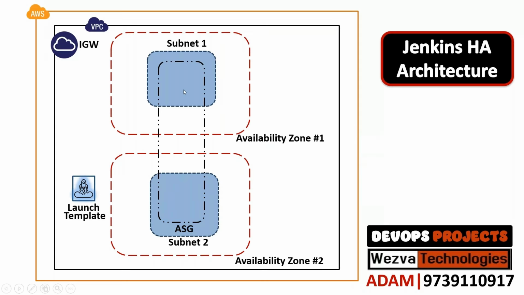How does it know what machine it has to create? It's like I am asking you, can you please go to AWS and create a machine in the Mumbai region? Then you will ask me, okay, what should be the image that I take, which is called an AMI?